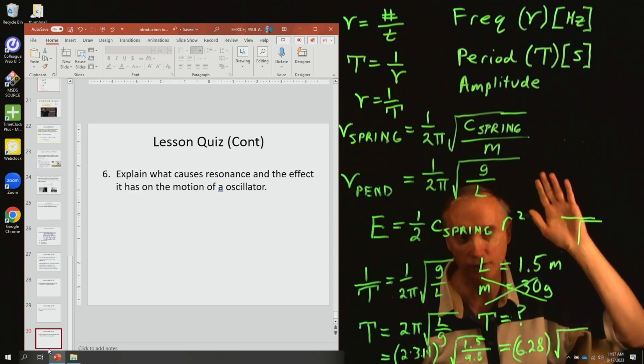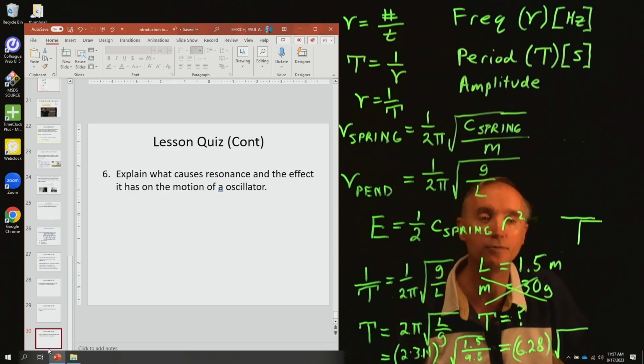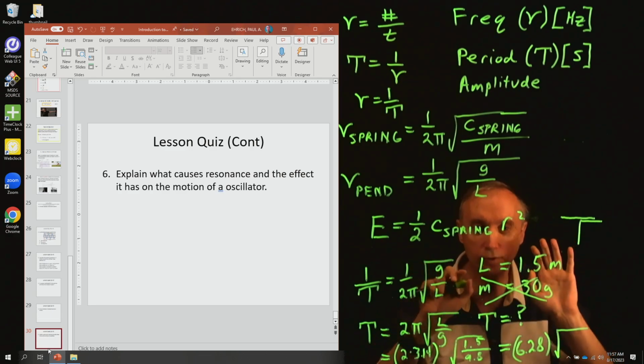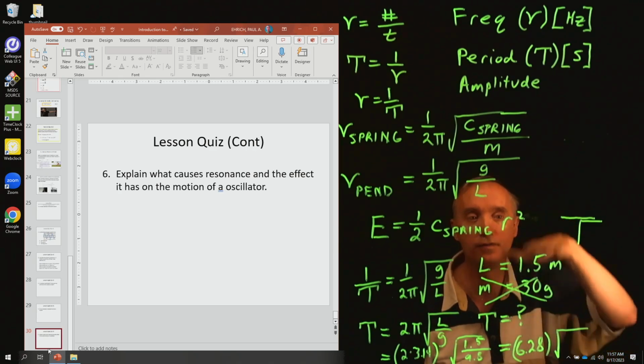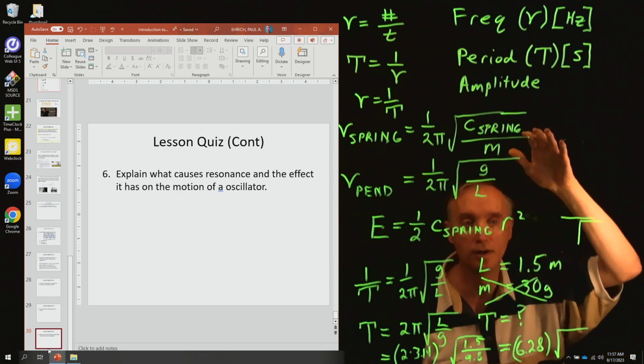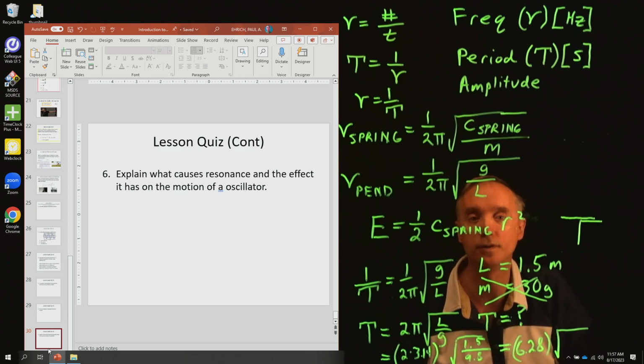If you take your hand and slap the table, you notice that the table vibrates at a certain frequency. That's the natural frequency of that table. So if you're pushing on that oscillator at the same frequency that it naturally wants to vibrate at, it goes into resonance. And so what changes during resonance? The amplitude. The amplitude of the oscillator gets bigger and bigger and bigger until finally it will just destroy itself. And so that's what resonance is.